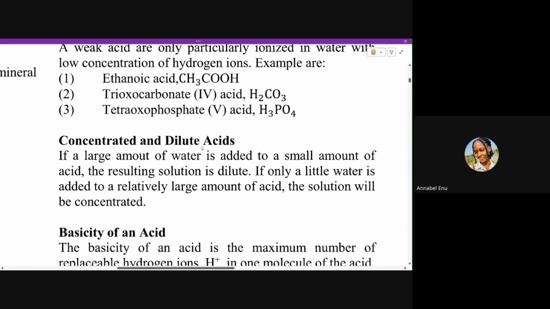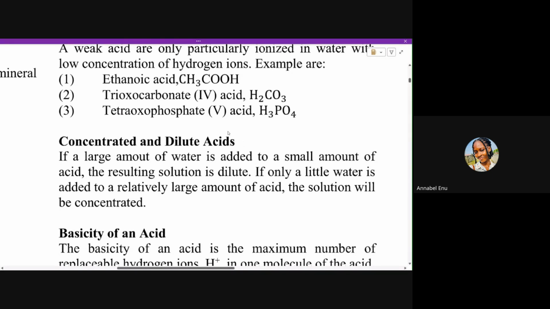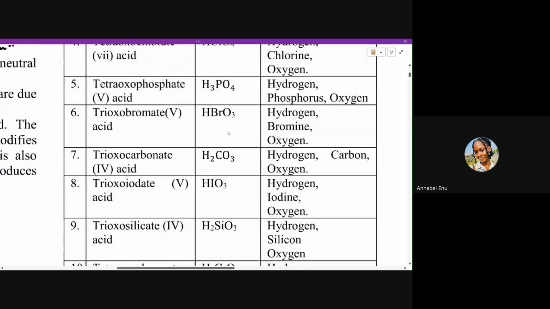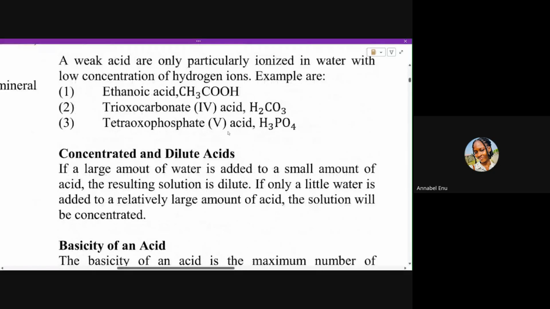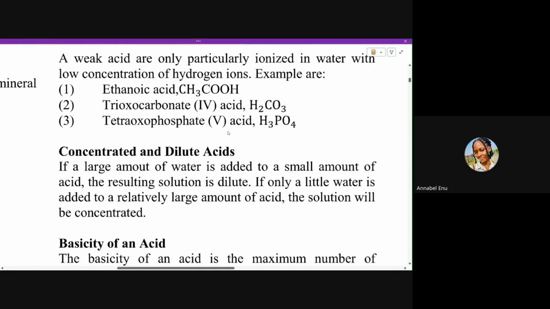So why do we really need to dilute, or why do we need to know all this in order to be able to use acid, especially these ones that are here? One of the properties of acid is that it is corrosive. That means it is not so safe to handle in that nature.